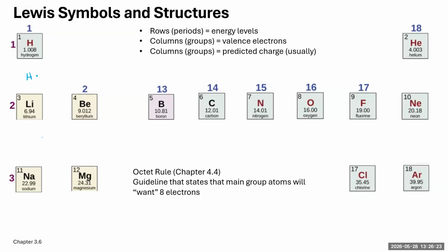Hydrogen, one valence electron. Lithium, one valence electron. Sodium, one valence electron. Beryllium, two. Magnesium, two. Boron, three. Carbon, four. Nitrogen, one, two, three, four, five.